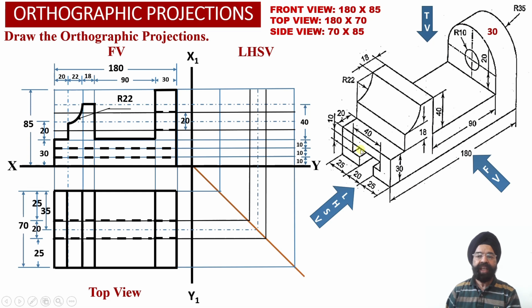Again, we know that corresponding to the enlarged portion of this T slot, the width from the center is equal to 20 millimeter on either side, so that the total distance from one extreme point to the other extreme point of this T slot becomes 40 millimeter. So from this center line, we have taken an offset of 20 millimeter onto either side corresponding to this particular top portion of the T slot.